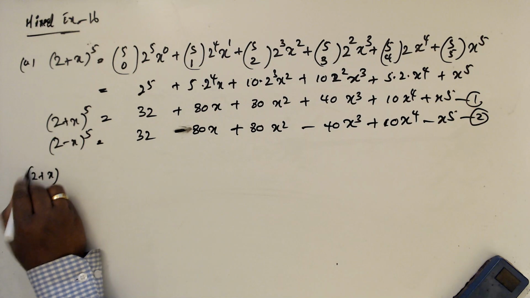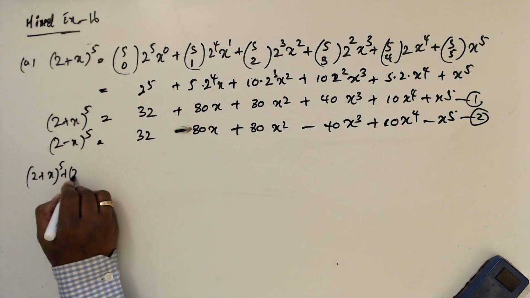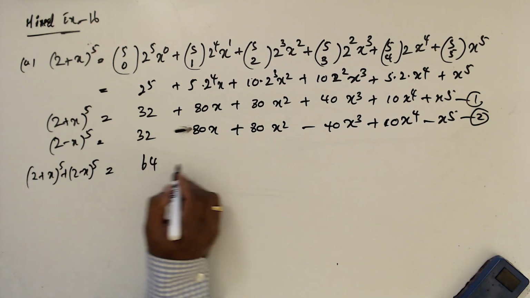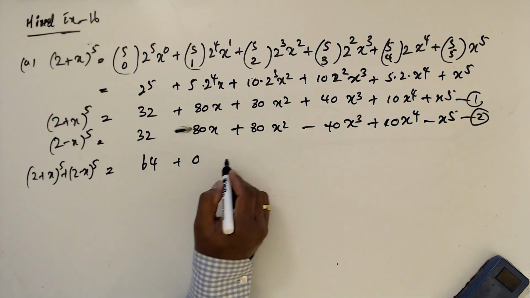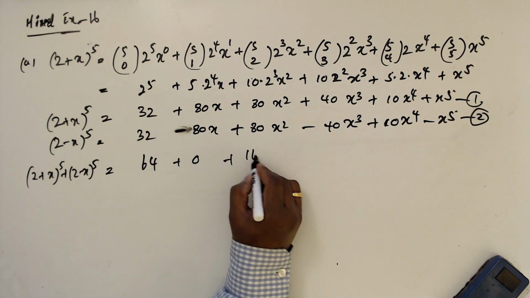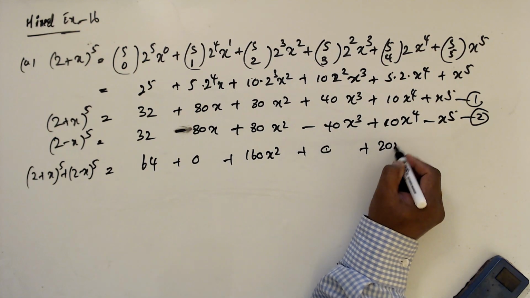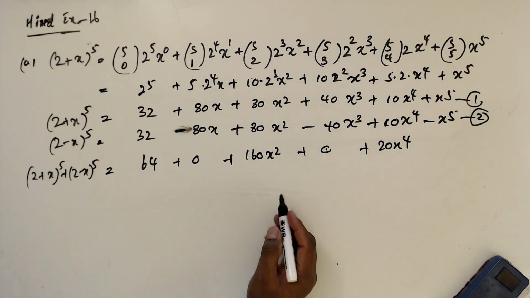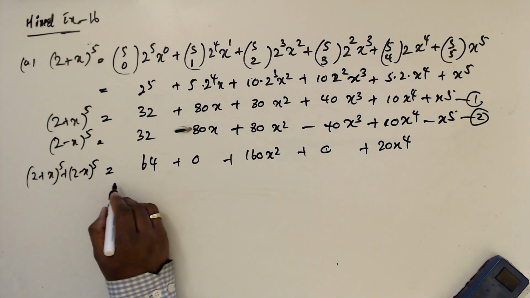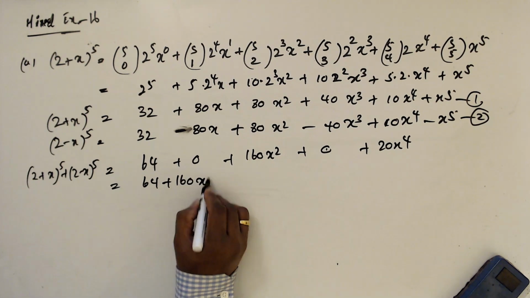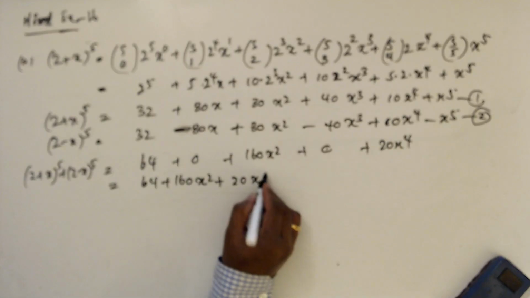(2 + x)^5 plus (2 − x)^5 equals, this is 64, this is plus 0, and this is 160x square, this is 0, and this is 20x^4, and this is 0. Now this is equal to 64 plus 160x square plus 20x^4.